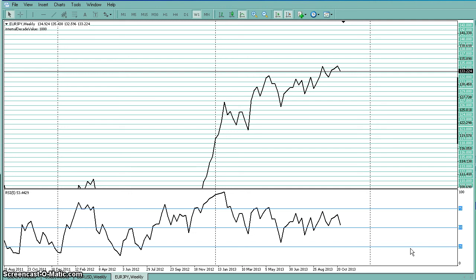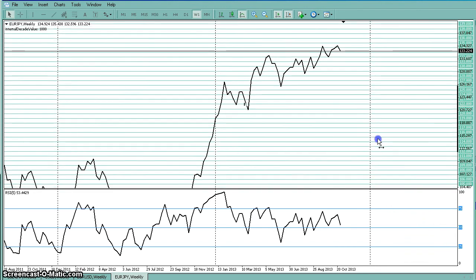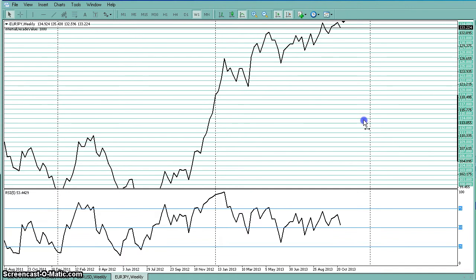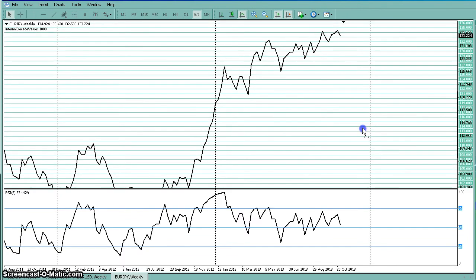But this is a classic example on the weekly chart of RSI that could get you really killed if you're selling divergences in an uptrend.